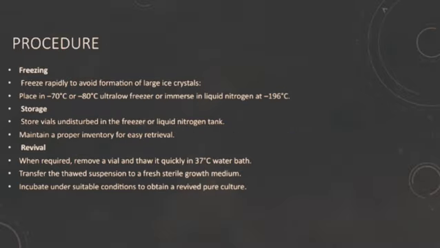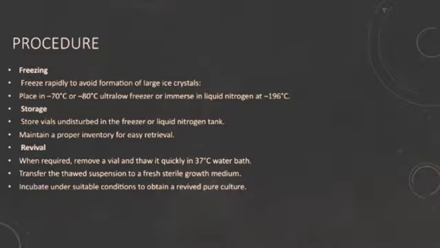Vials of the mixture are rapidly frozen either in an ultra low freezer at minus 70 degrees Celsius or minus 80 degrees Celsius, or by immersing them in liquid nitrogen at minus 196 degrees Celsius. Storage and revival. The vials are stored undisturbed. When a culture is needed, a vial is quickly thawed in a 37 degrees Celsius water bath and transferred to a fresh growth medium for revival.